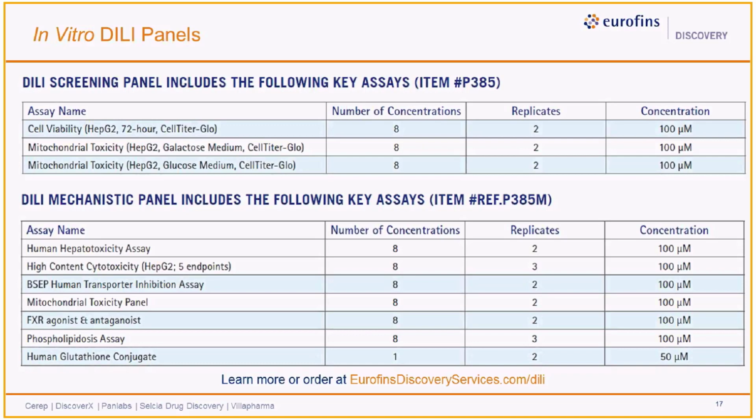By offering the two panels of assays, we can provide our clients with a useful tool to de-risk their drug candidates' DILI liability at the early stage of drug discovery. This concludes my presentation. Thank you for your time.